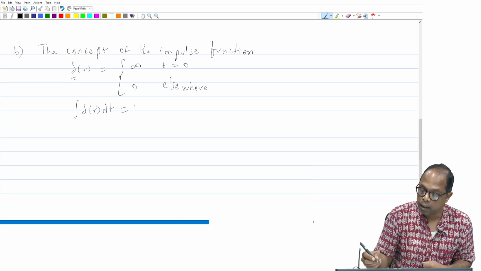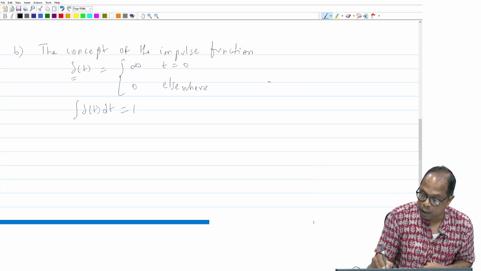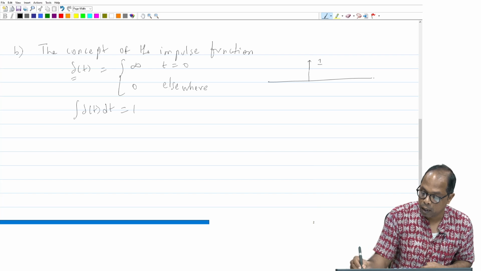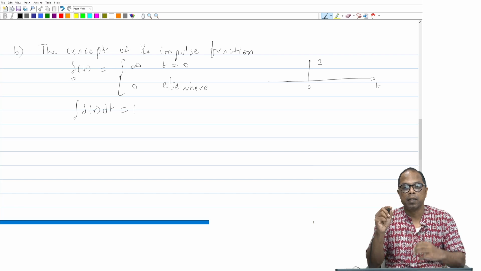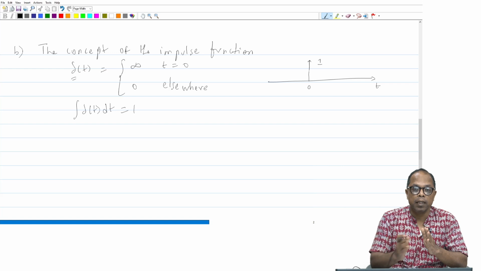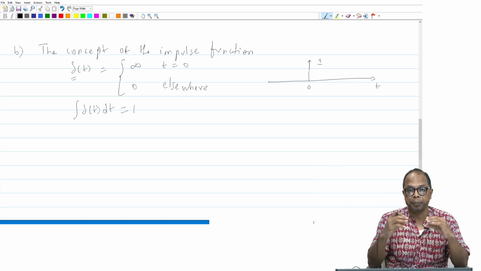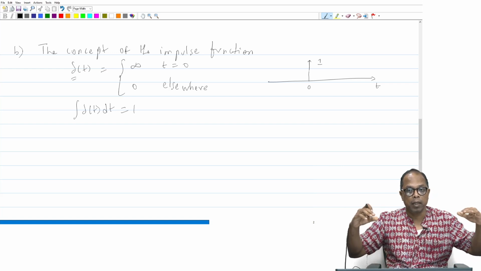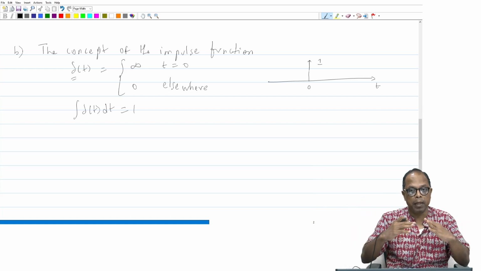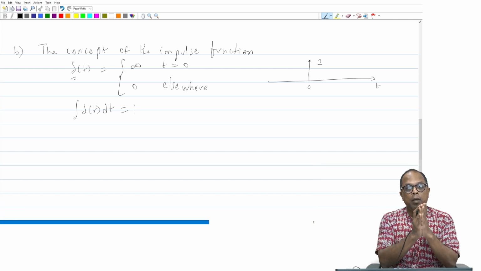It is depicted by something like this. You put a 1 next to it, and let us say this is t or x. As it is so concentrated along t or x that it is infinitely small, you could think of a stretched out rectangle that's getting compressed further and further, so it gets infinitely tall, but also infinitely narrow at t or x equal to 0.